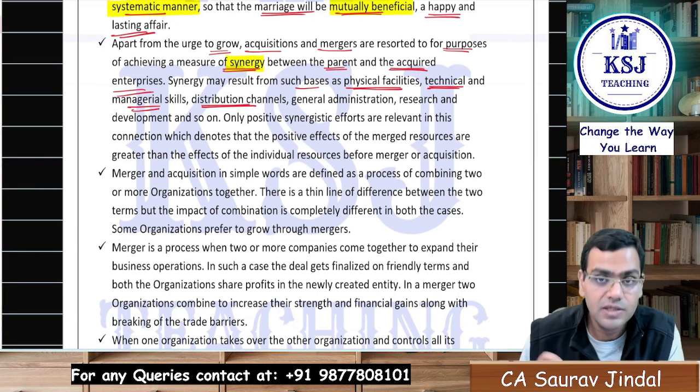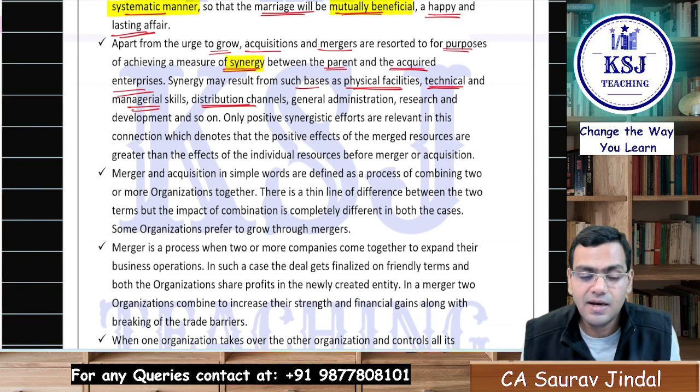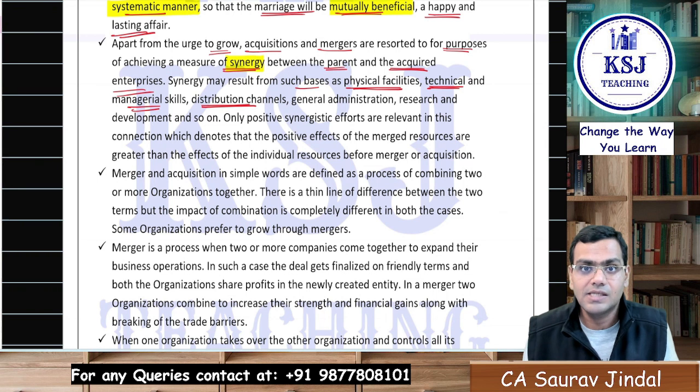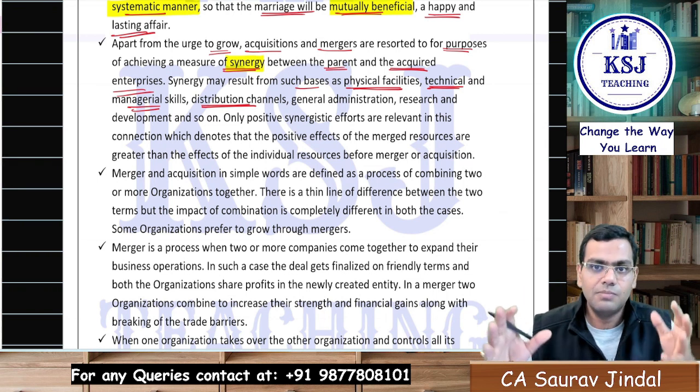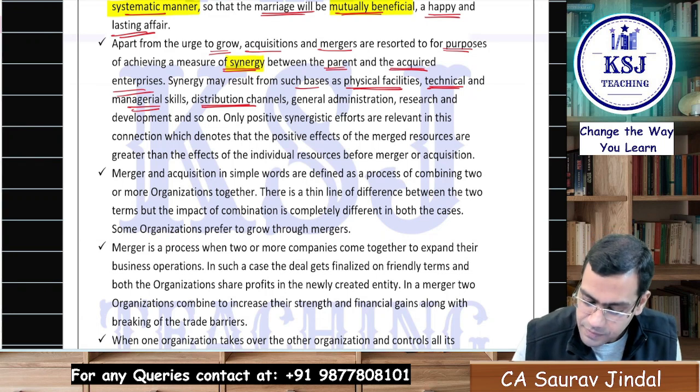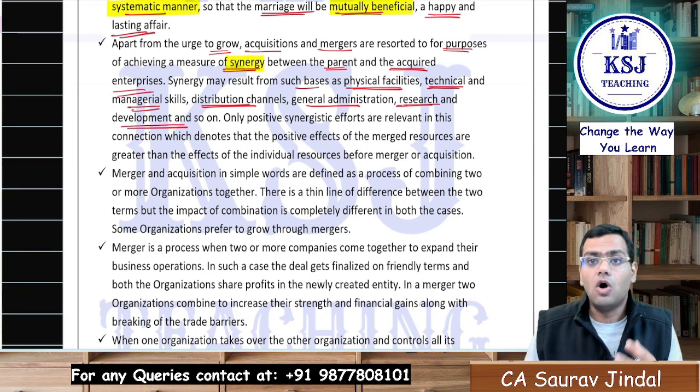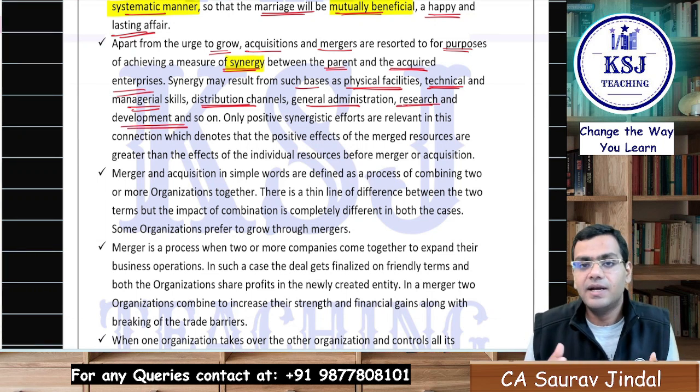Distribution channels, right, that will increase. They can make use of the distribution channels of each other. Both of them have websites, right? So they make a website where they are combinedly posting everything they are selling. General administration will get better, research and development, and so on. So in all these areas they will get benefited, right?